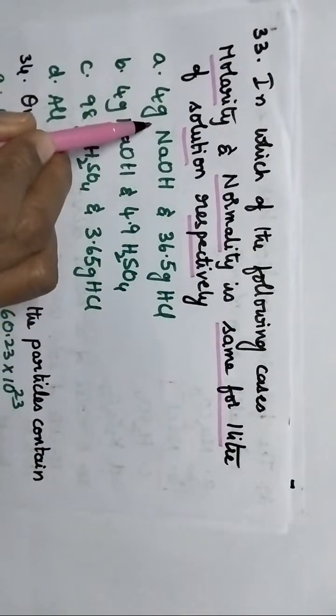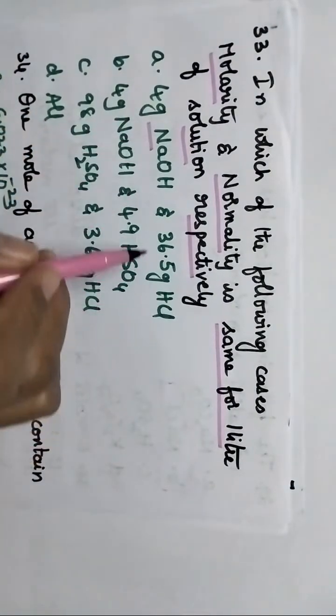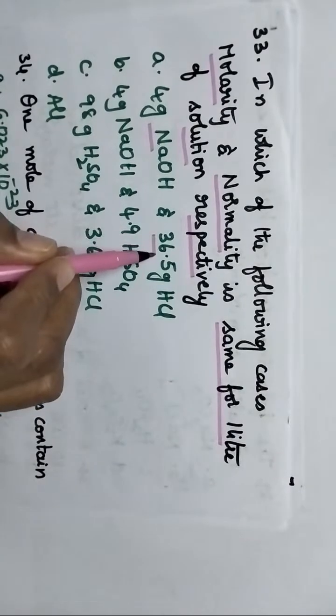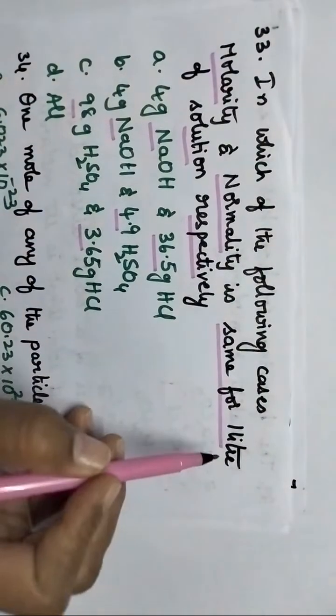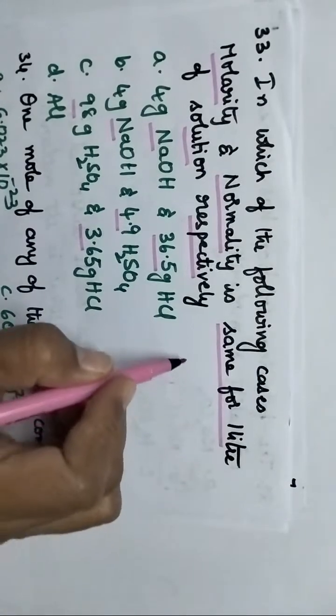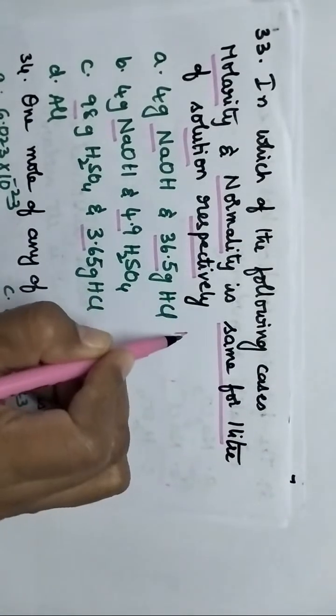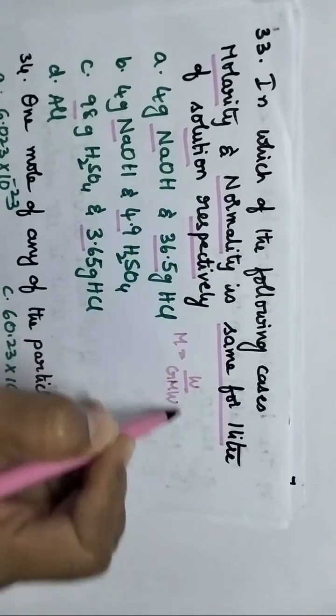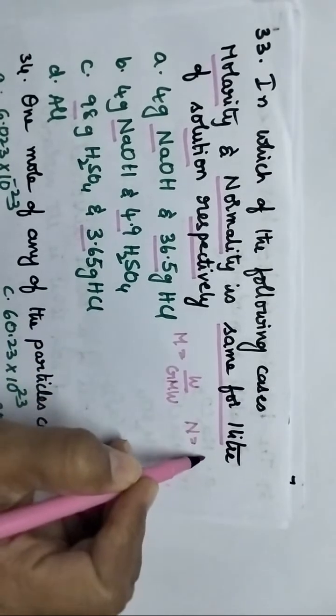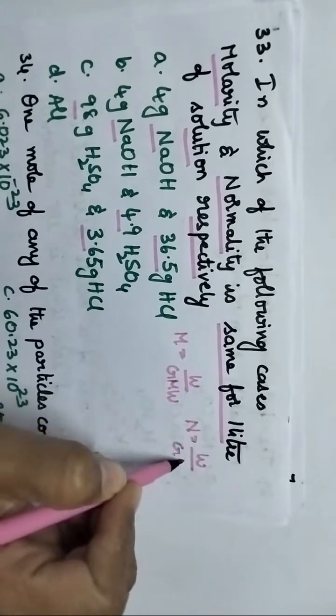For the first solution, calculate molarity, and for the second solution, calculate normality. Both will have the same value. For molarity, calculate weight by gram molecular weight, and for normality, calculate weight by gram equivalent weight.